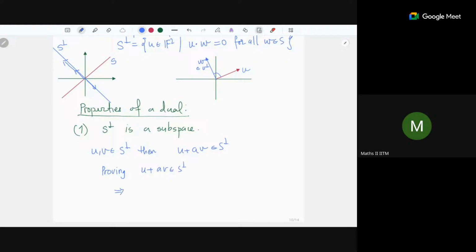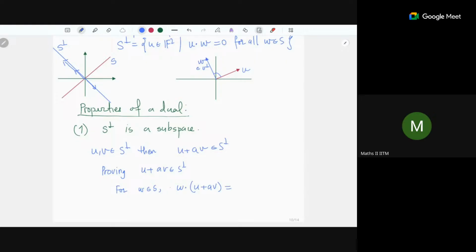For that, you need to say for W in S, we need to prove that W dot (U plus aV) should be 0.